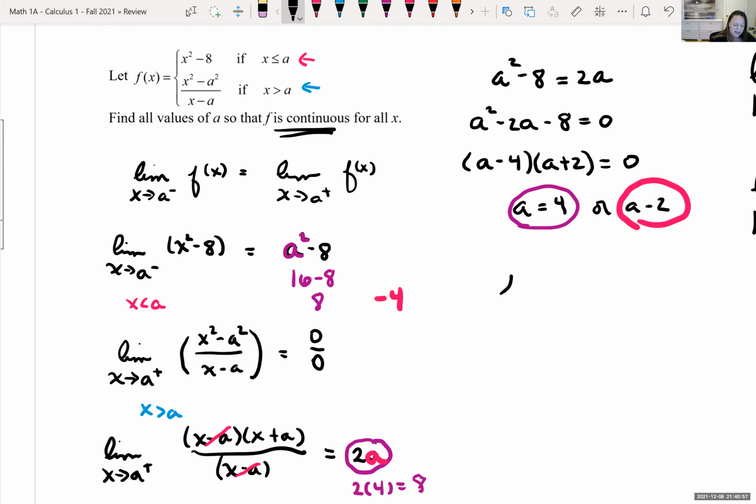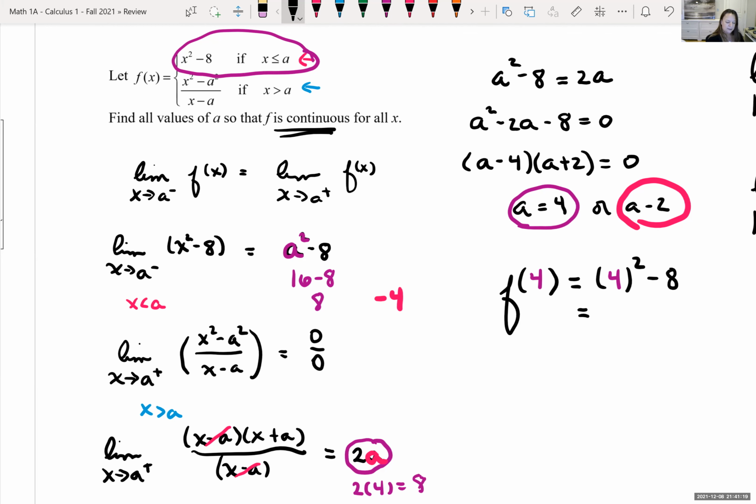So let's show that f of 4 is 8. Well, when x is a, which is 4, it tells me to plug this into my first equation. I'm plugging in that first equation. We get 4 squared, which is 16, and 16 minus 8 is -8.